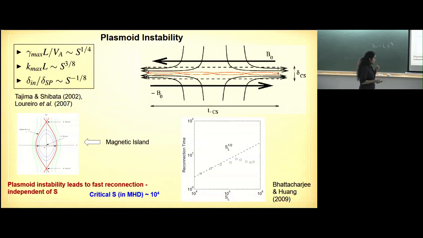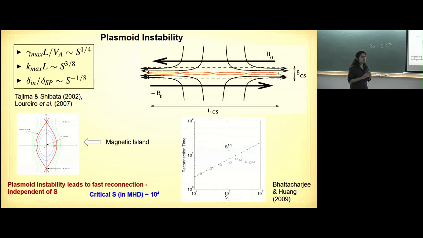So Bhattacharjee and Huang found that in the saturated steady state of this reconnection, the reconnection rate becomes independent of the Lundquist number. So this was a major finding. The other thing that I should tell you is that the critical Lundquist number for this plasmoid instability to occur is really large, like 10 to the power of 4.